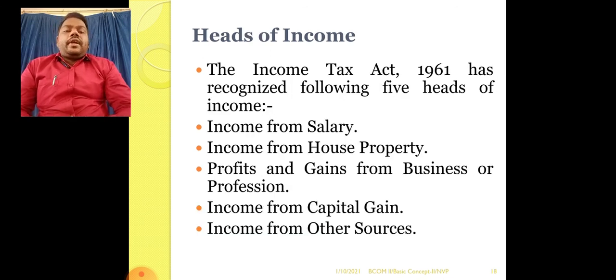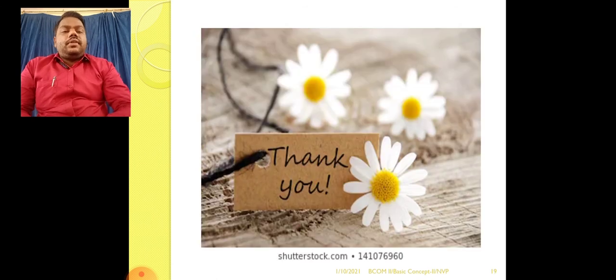Now, to recognize the income from various sources, the Income Tax Act 1961 has divided the term income into five groups or five heads. The Income Tax Act 1961 has recognized following five heads of income: income from salary, income from house property, profits and gains from business or profession, income from capital gain, and income from other sources.